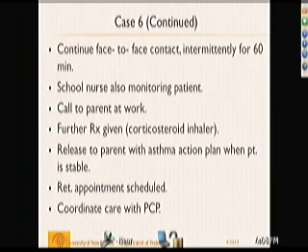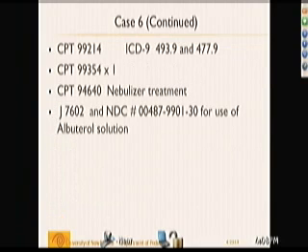Then there's a follow-up appointment, and getting in touch with the PCP. So to document and code and get reimbursed for that time, the 99354 is used. So you'd use your usual CPT code for the visit, but then add the prolonged code along with the nebulizer treatment.